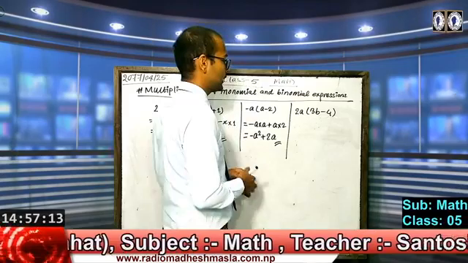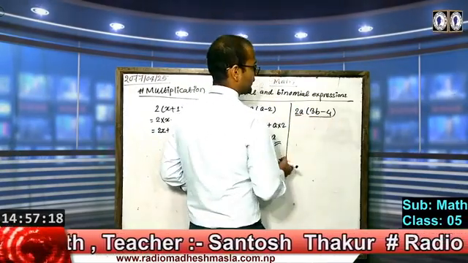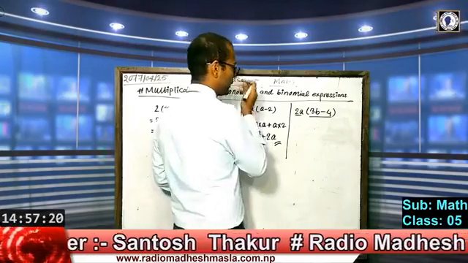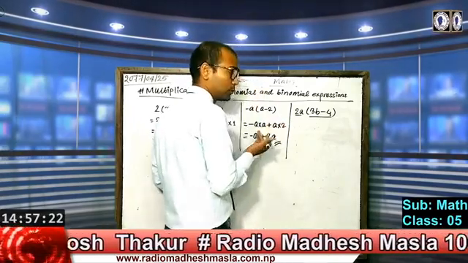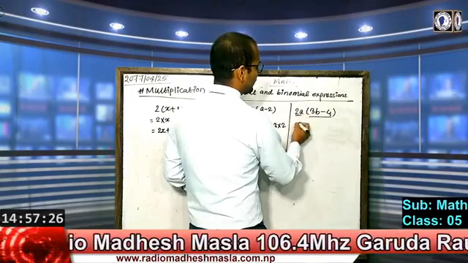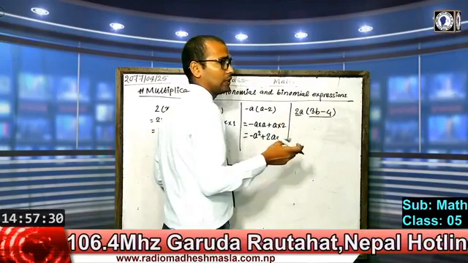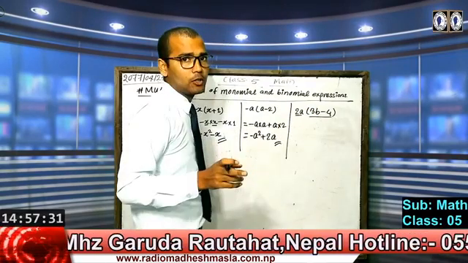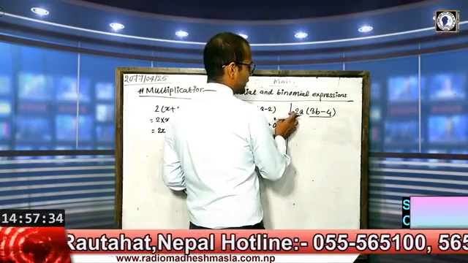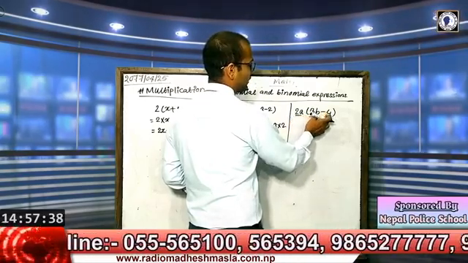For that we should multiply the binomial expression by the monomial term. Here we have the monomial term 2a. Before multiplying, we should multiply their signs. In front of 2a there is no sign, which means plus, in front of 3b there is no sign, which means plus, and in front of 4 there is minus.